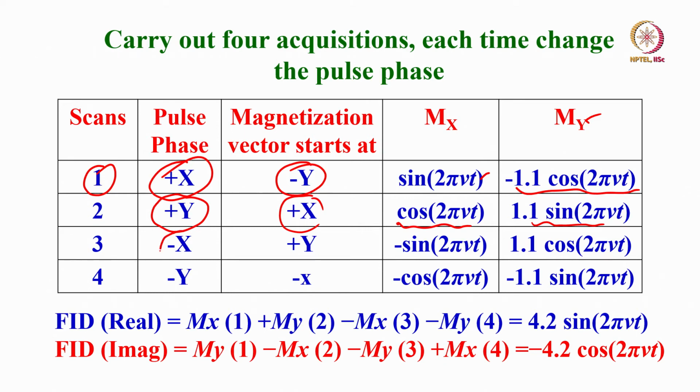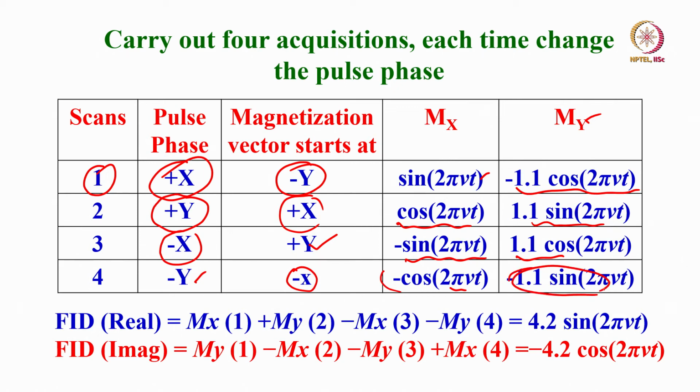We now do a third experiment, applying an RF pulse along minus x. The pulse phase is minus x and the receiver phase is plus y. Then this is the signal you are going to get for Mx and My. Do a fourth experiment at minus y, and you are going to get Mx as the cosine part and My as the sine part, like this.